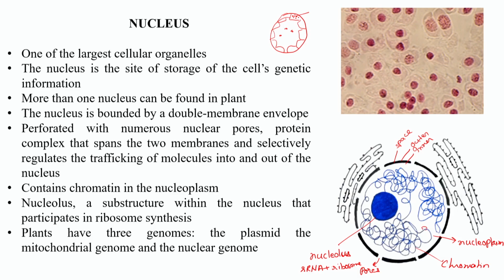At some points you can see that this thread is highly coiled and more condensed, that is the heterochromatin region, and at some places it is loosely packed, so it is euchromatin. When it is loosely packed, the DNA is more active, because when the threads are more exposed, the DNA will be more transcribed. The process can take place with more ease, and when it is packed, this synthesis will not occur.